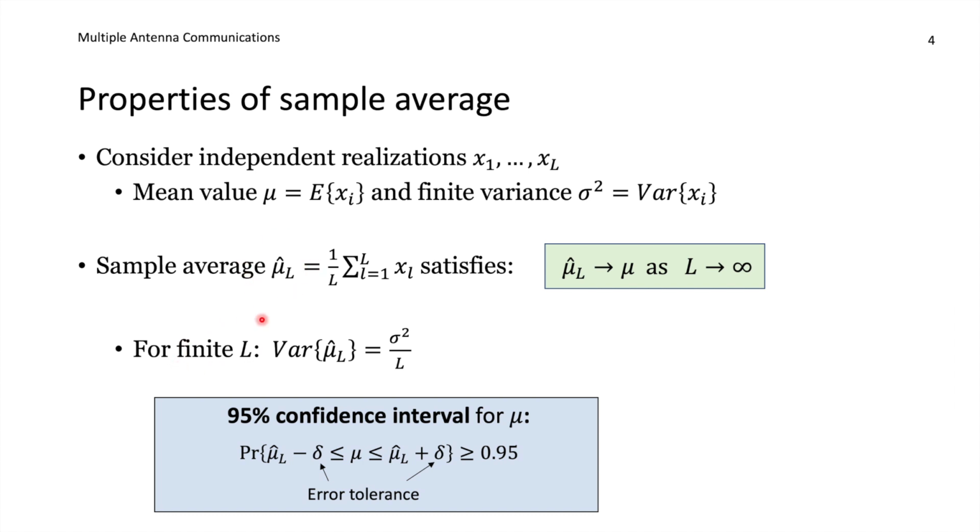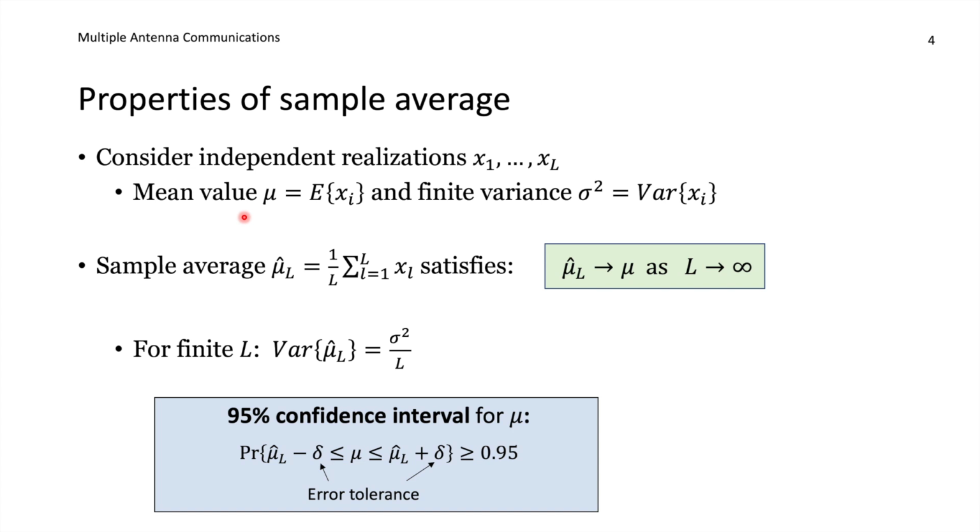And for a finite L, if we compute the variance, this is equal to summing up the variance of these different terms, but then we also get the 1 over L term here that will be squared, and in the end of the day we get the variance of each of these samples divided by L, which shows that the variance is going down inversely proportional to the number of samples we have. And then of course if the number of samples goes to infinity, well then this term will go to 0. And therefore there will be no variations between the sample average and the true statistical mean value.